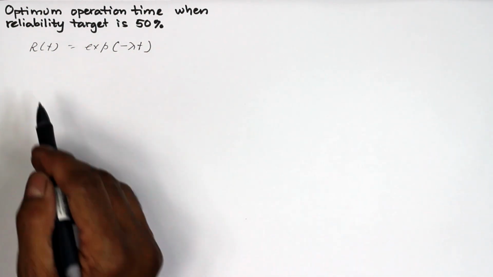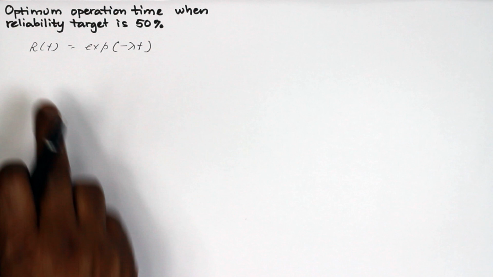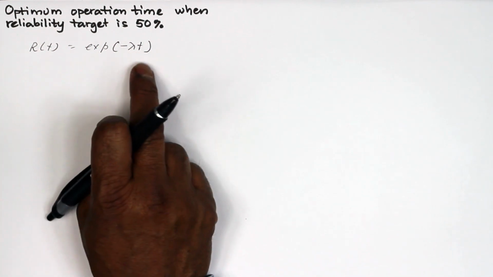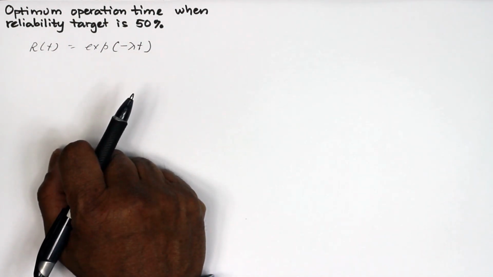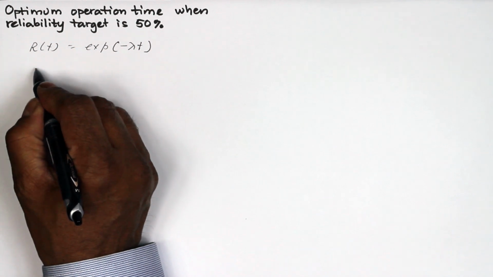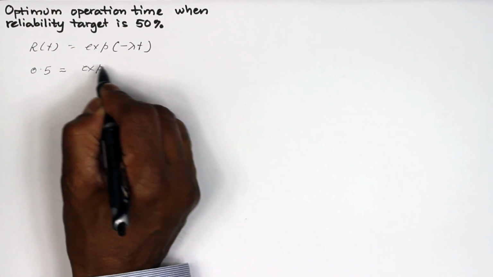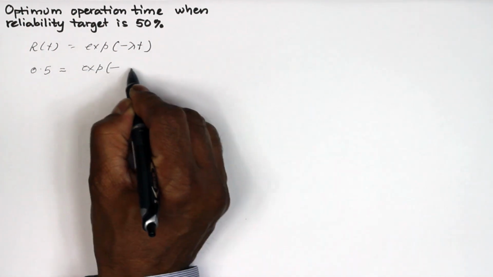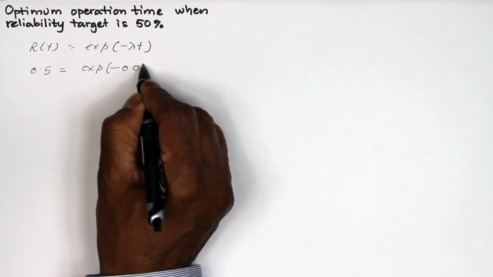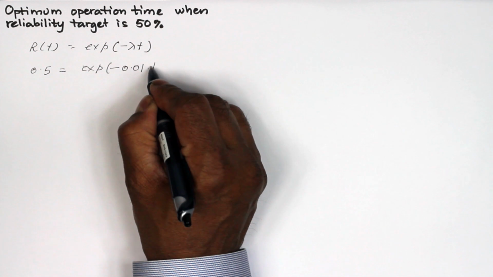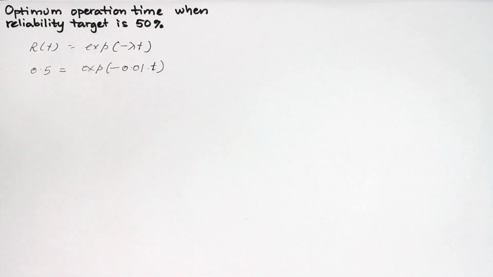We know R(t), the reliability, and we have a fixed lambda. Now we have to calculate t, the time of operation. So the value of R(t) given by our condition is 0.5 and lambda is still 0.01 from the earlier calculation.